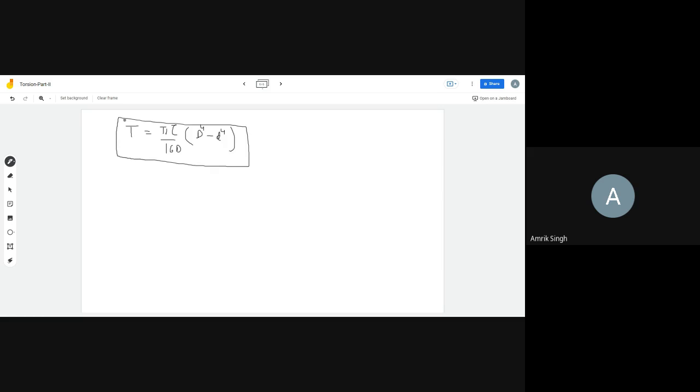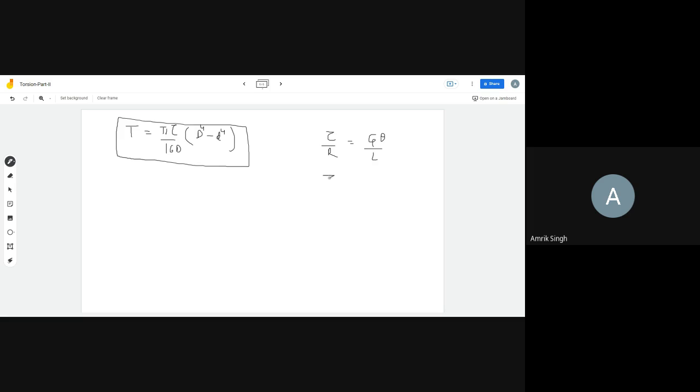Now, this value of the torque, we can use in the other part of the torsion equation, which was T by R is equal to G theta upon L, right?